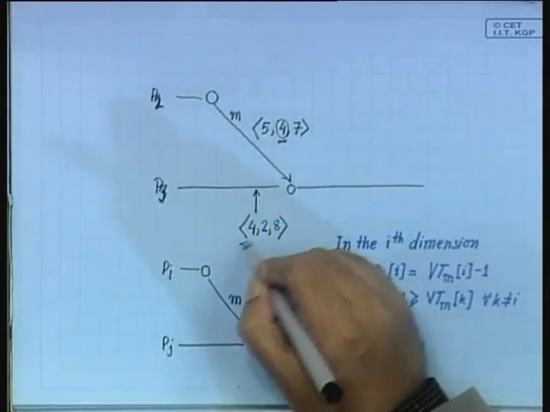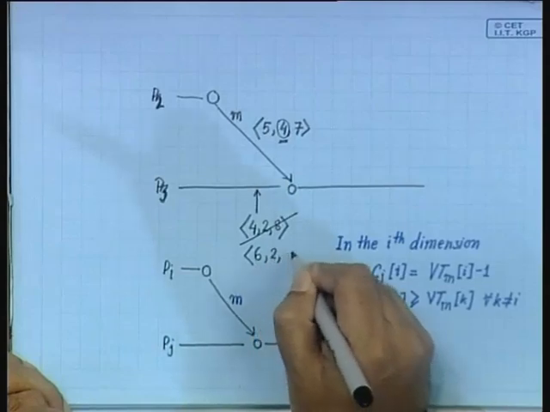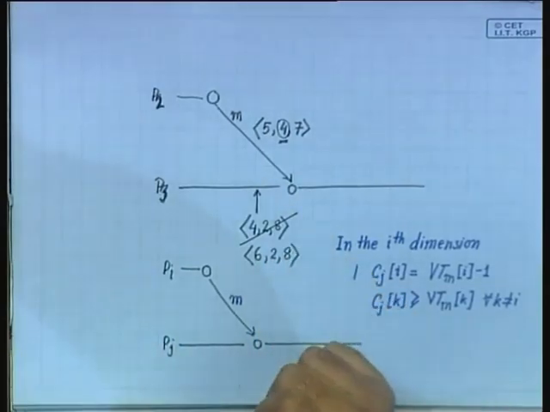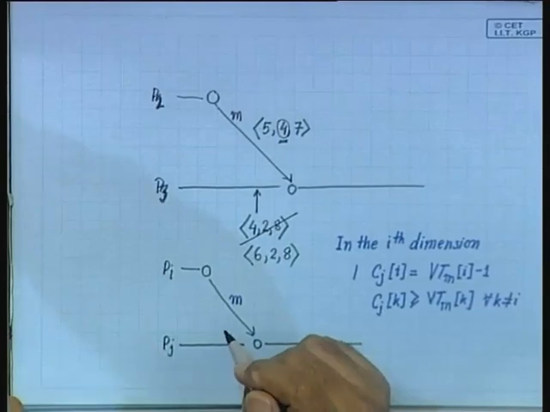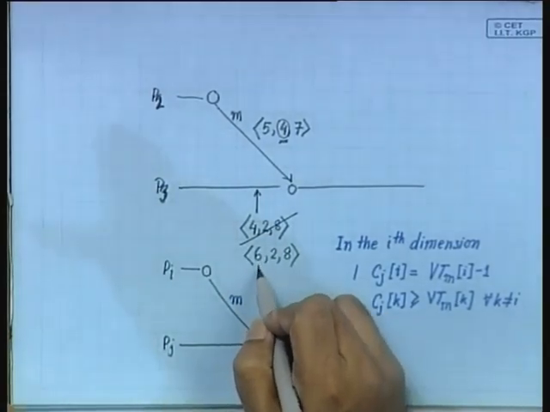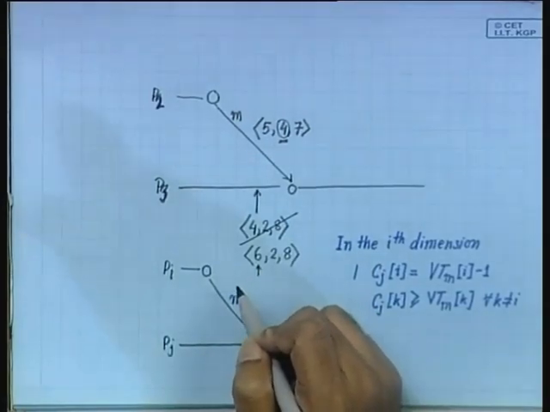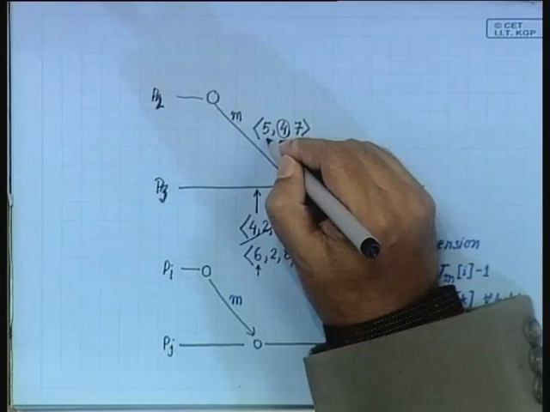Suppose instead of 4 to 8, this was 6 to 8. What does that mean? That means that P1 has delivered 6 messages, right, and P2 has still not received one of them.